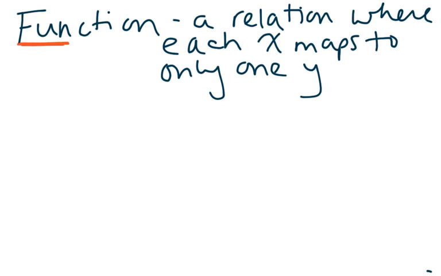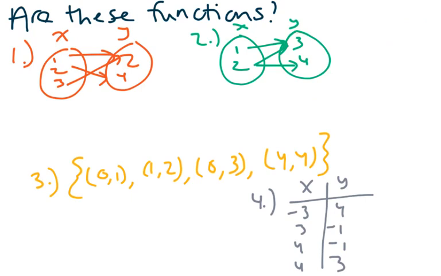So on the next slide, I'm going to have 4 examples, and what we'll do in class is I'll pause and give you a chance to look at them and decide whether or not they're functions, and then we'll talk about the answers. Okay, check these out. We have 4 different problems. Looking at this map, is this the map of a function? Is the green one a map of a function?